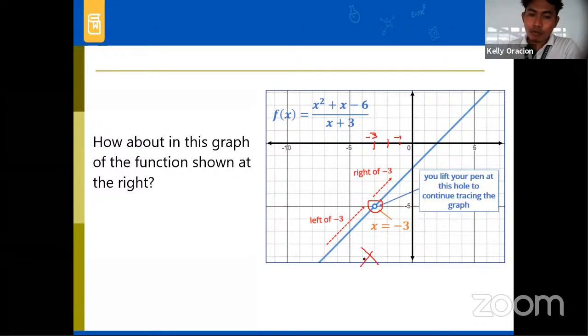The graph is discontinuous at x is equal to -3 because of this one. But class, the function is continuous at any point except -3. Look at the graph, there is a hole at -3, not fully shaded. That means the function is not continuous, or should I say discontinuous, at x is equal to -3.